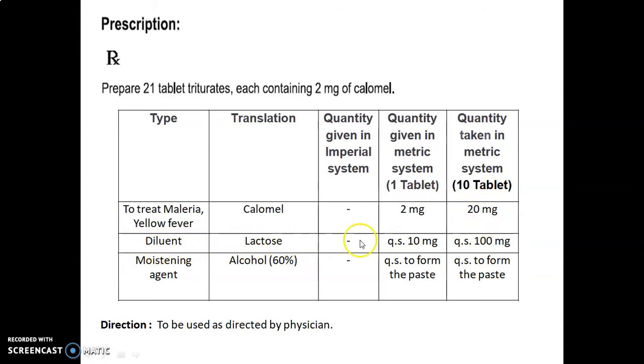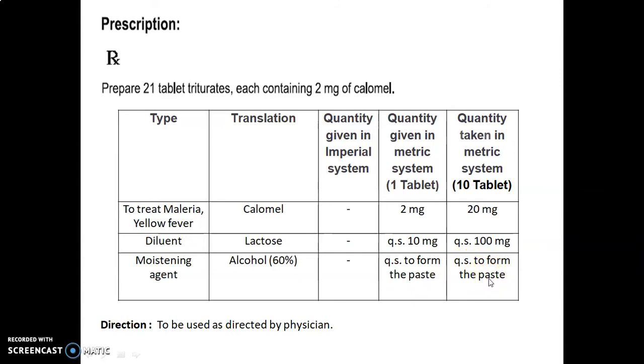Lactose is used as a diluent. Quantity given is quantity sufficient to prepare up to 10 milligram. Taken quantity should be quantity sufficient to prepare up to 100 milligram. Alcohol 60%, which is used as a moistening agent. Quantity given should be the quantity sufficient to form the paste, as we have to form the paste of calomel and lactose combined. So the specific amount of alcohol that is required to form the paste of calomel and lactose should be taken, and again quantity taken should be quantity sufficient to form the paste.